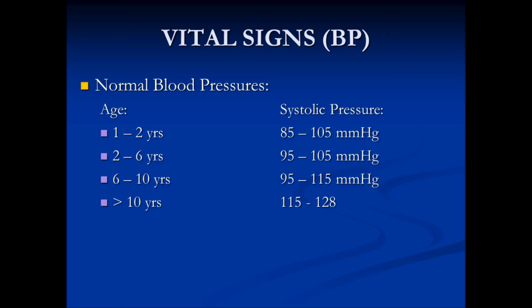But 1 to 2 years, the systolic range is anywhere from 85 to 105. For a 2 to 6 year old, 95 to 105. And for a 6 to 10 year old, it would be 95 to 110. And then greater than 10 years of age, 115 to 128 millimeters of mercury is normal for blood pressure.